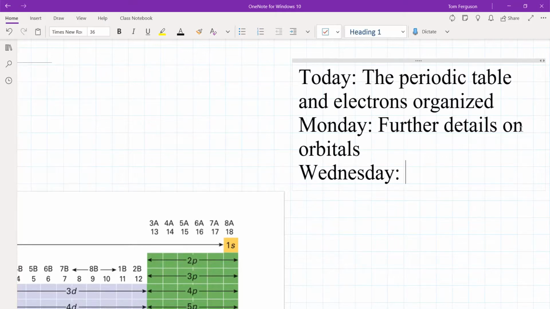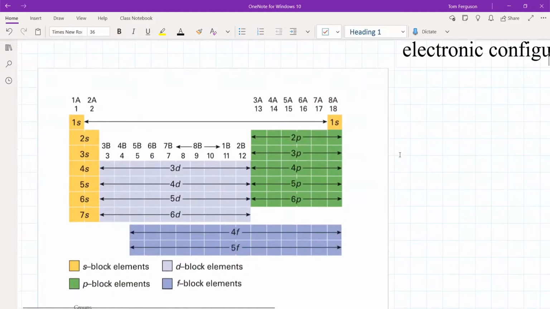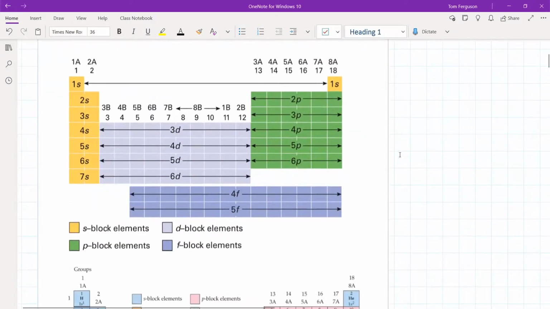Wednesday, I want to talk about ions and electronic configuration of those ions. So today, it's going to get further and further details. Now, the periodic table is very conveniently organized.